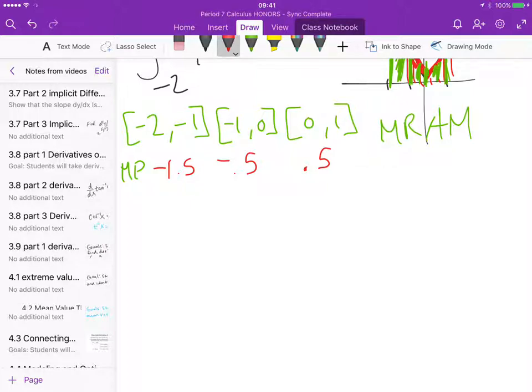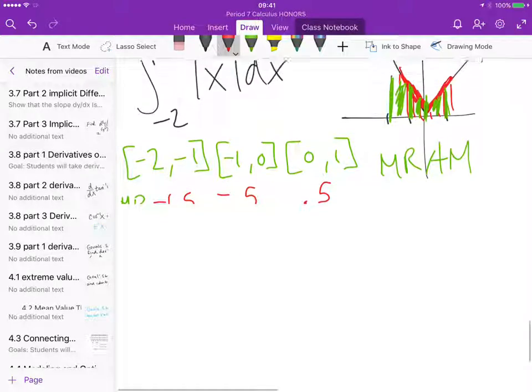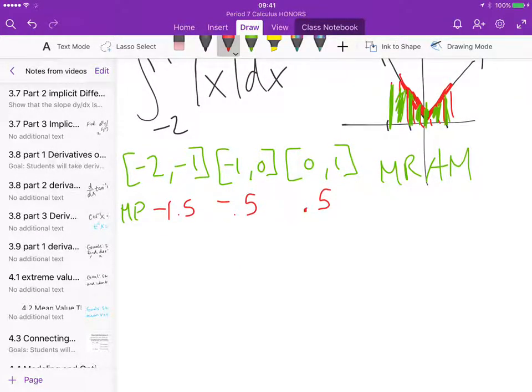And so then if you remember correctly, I need to find the height of each of these green boxes. Remember, the height is the y value. So really, I'm trying to find f of -1.5, f of -0.5, and then f of 0.5. So this is going to give me my 3 heights.